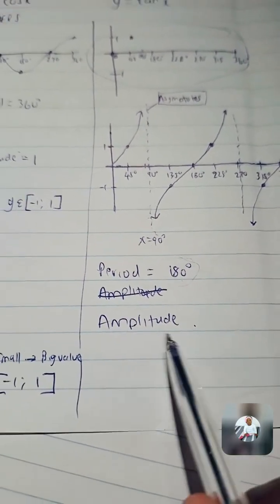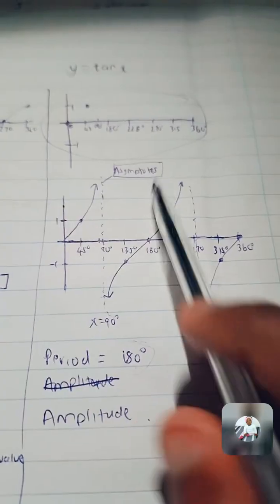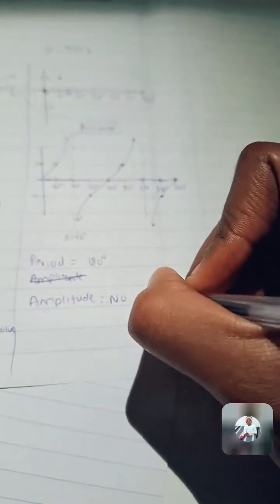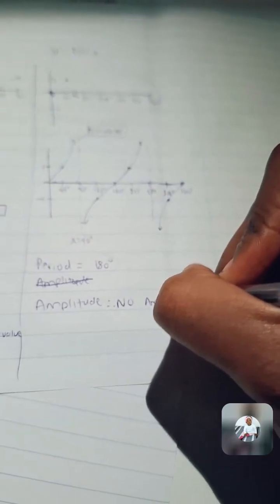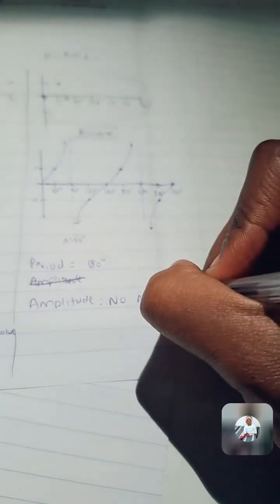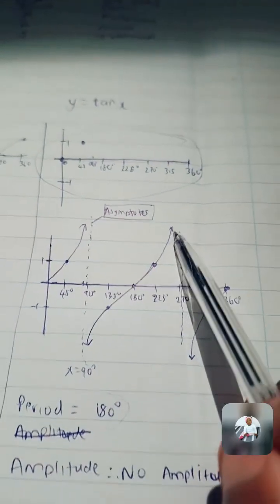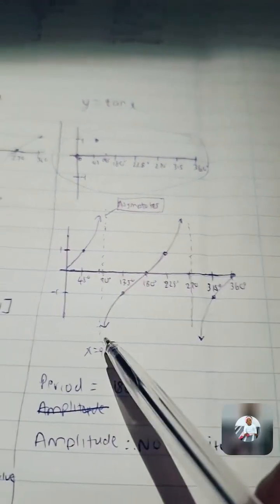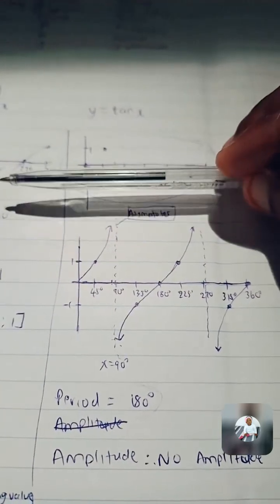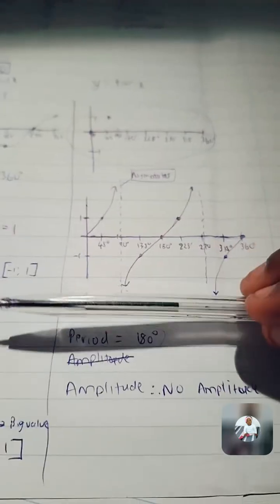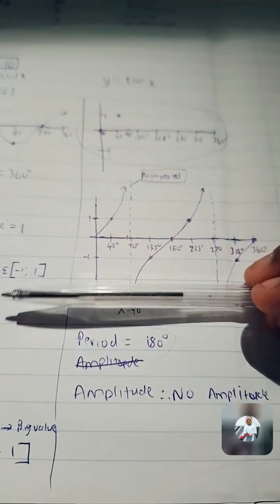Okay, so amplitude here for the tan graph, guys. We say here that the tan graph has no amplitude. And maybe you're going to ask why. Remember that the tan graph, unfortunately, does not have a maximum and a minimum. There's no specific place where we say, this is the highest point, it stops there, or this is the lowest point, it stops there.